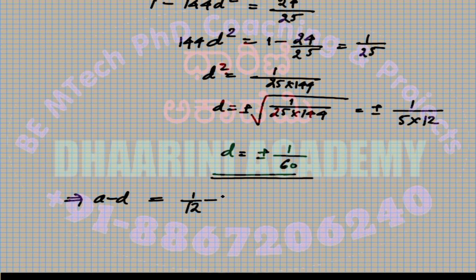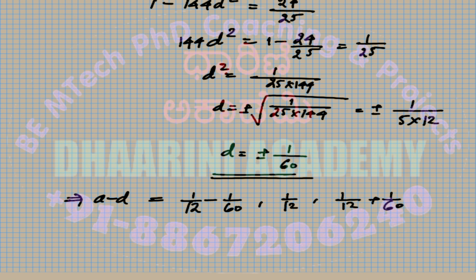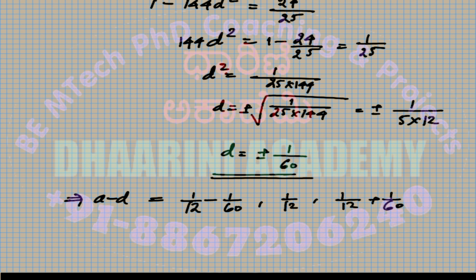So the terms are A minus d, which is 1 by 12 minus 1 by 60, then 1 by 12, then 1 by 12 plus 1 by 60. These are the three terms.